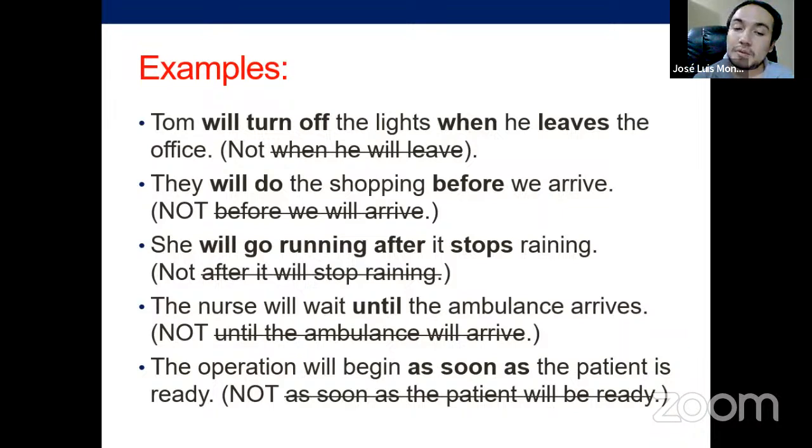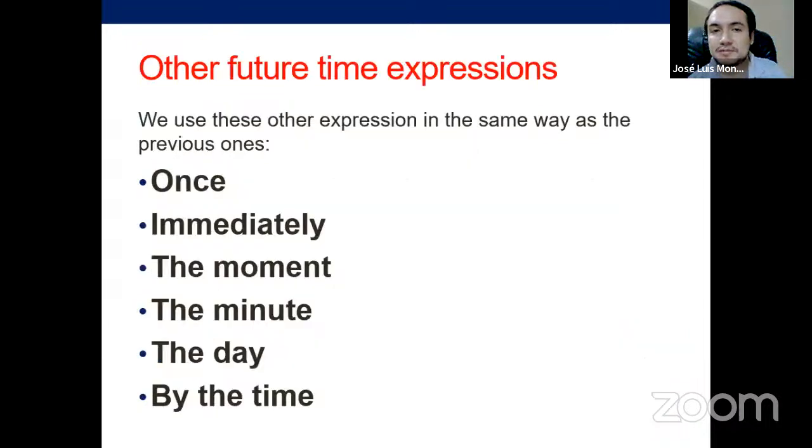And the operation will begin as soon as the patient is ready, not as soon as the patient will be ready. Okay, so I'm repeating that just to make sure that we understand that we don't use future in the time clause. Okay, it has to be what? It has to be present, all right? Simple present.